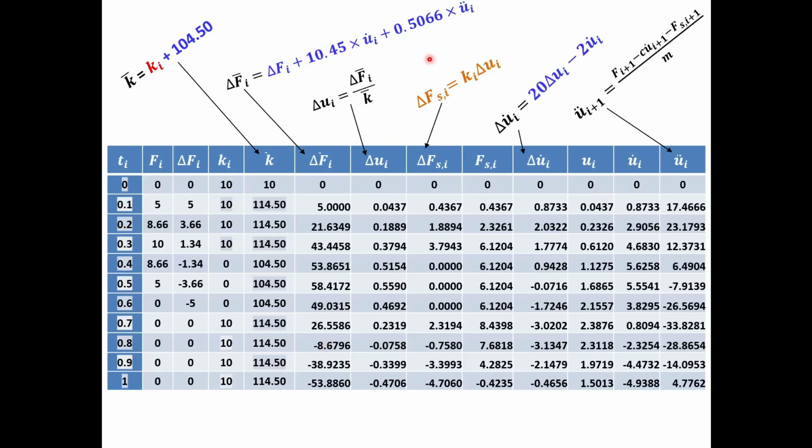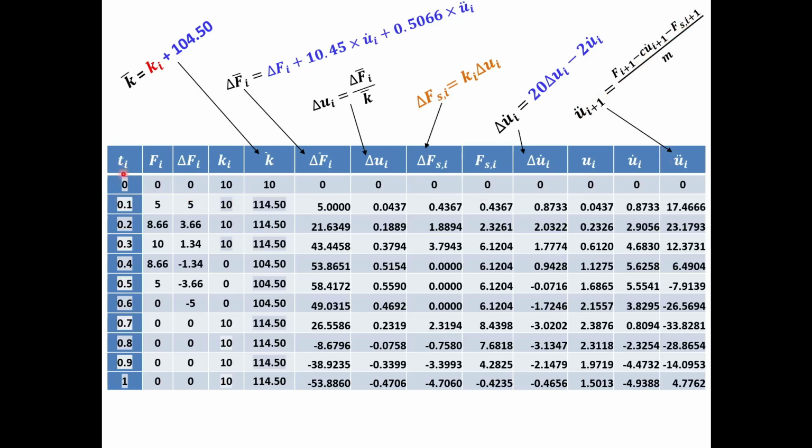Now we start a numerical, the same numerical we have shown there. So corresponding expressions I have again taken here for easy understanding. K bar is given through this expression, delta Fi bar and delta ui equal to delta Fi bar by K bar, the increment in the spring force through this, and the increment in the velocity by this, and final expression of the acceleration is given through this expression.